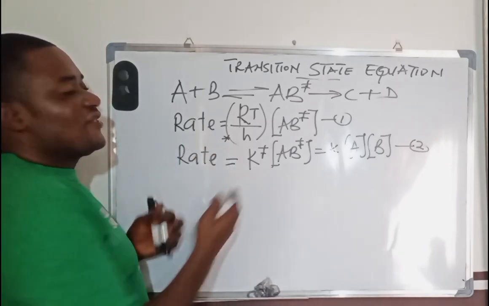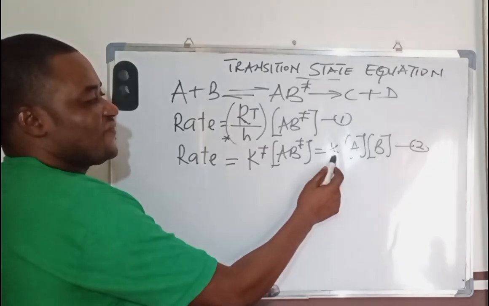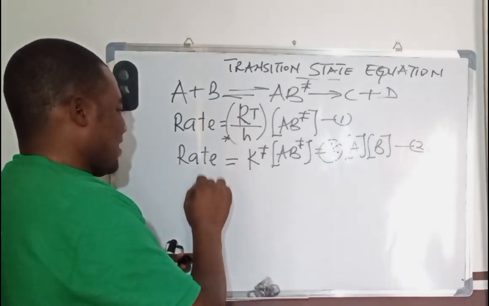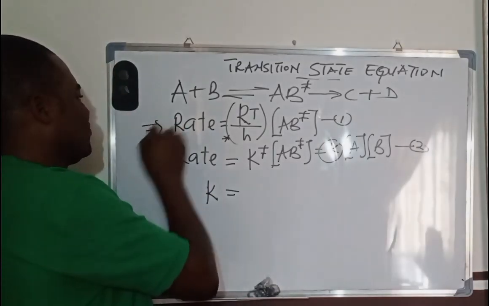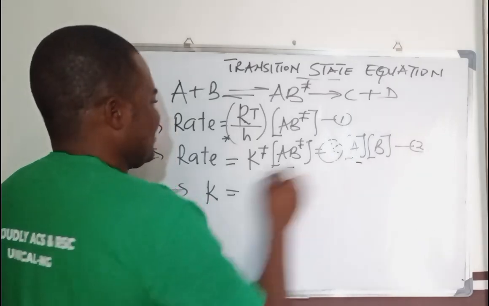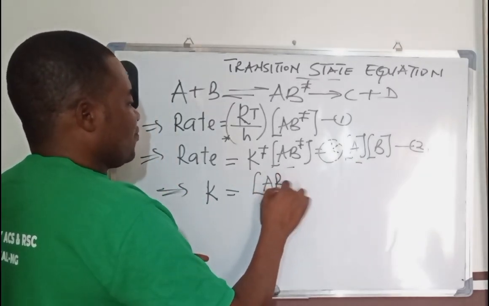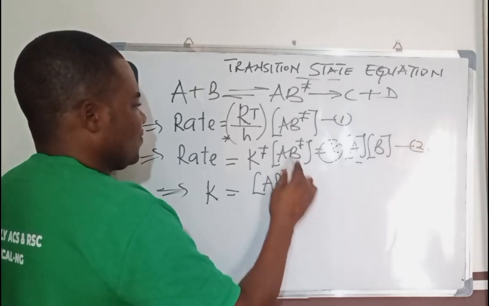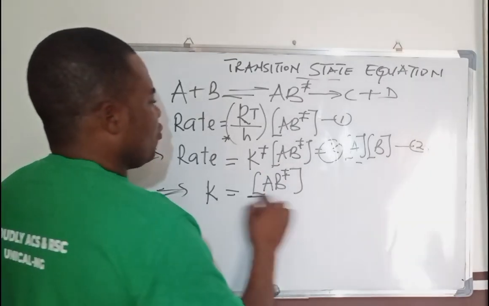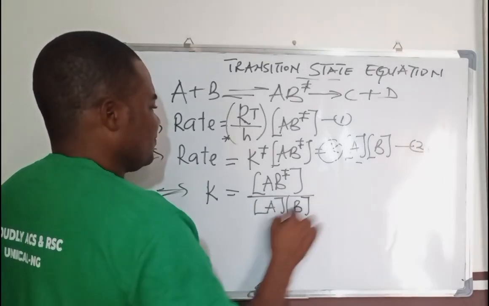Now we can position this to take the form of an equilibrium reaction by considering this as the subject of the formula. So it means that K therefore will be equal to this all over this. So we have the quasi-equilibrium intermediate, which is the transition state intermediate, all over A and B.